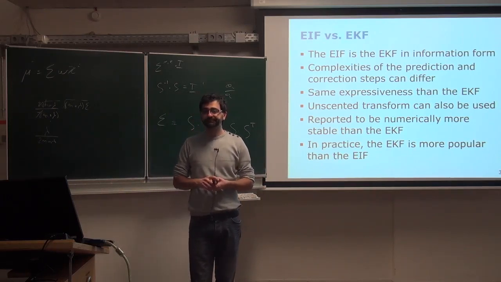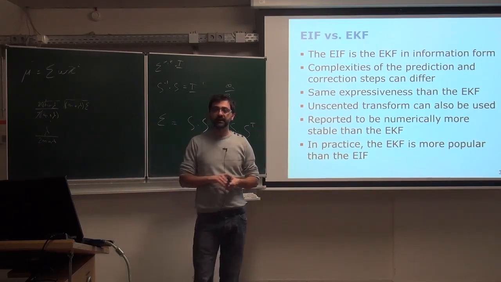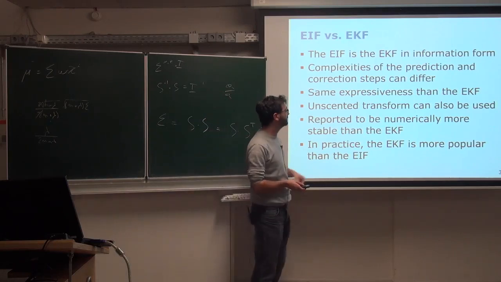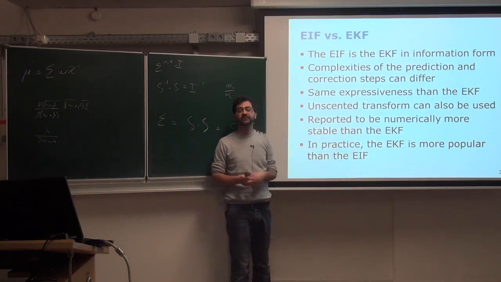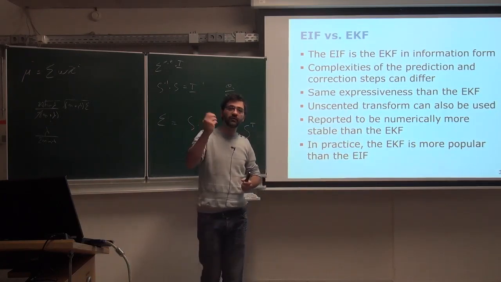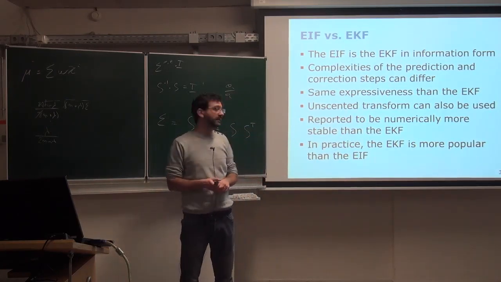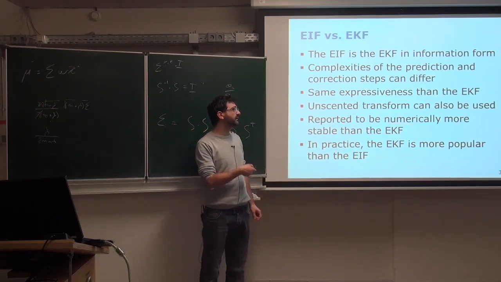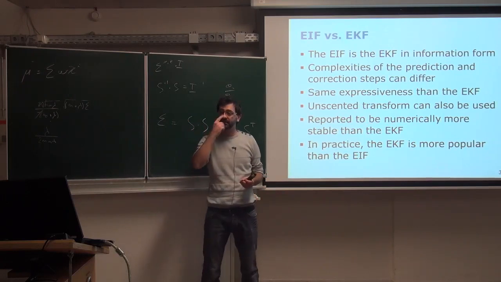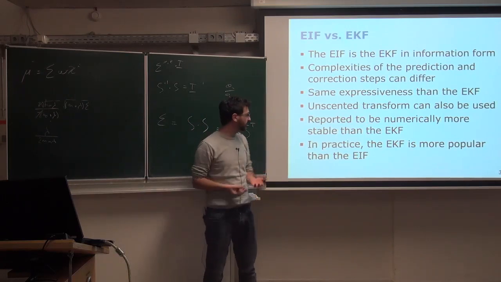And in general, it has been shown that the information filter might be more stable than the extended Kalman filter in terms of numerical stability. It's just an empirical finding. There is not much theoretical understanding behind it.